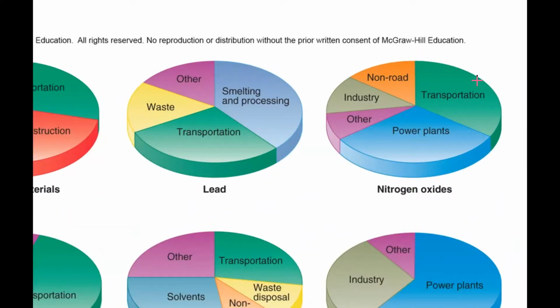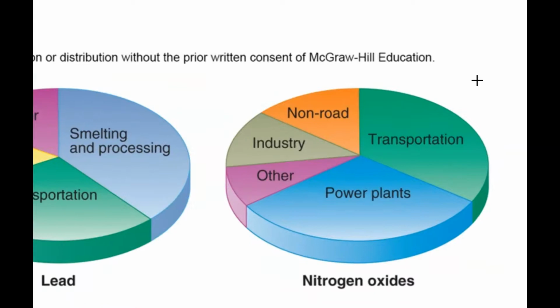If we analyze this particular pie chart, we will see that approximately 1/3 of nitrogen oxides will come from the power plants as well, and that would be coal-burning power plants, mostly. Another third of nitrogen oxides come from transportation. So when we are driving our car, what comes out of the tailpipe besides CO2?